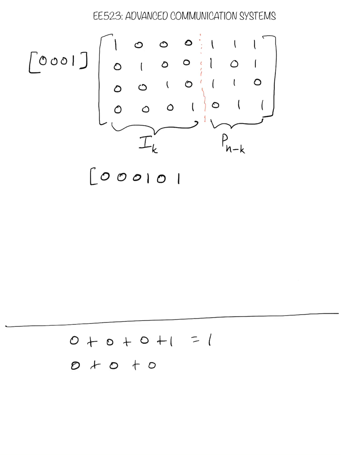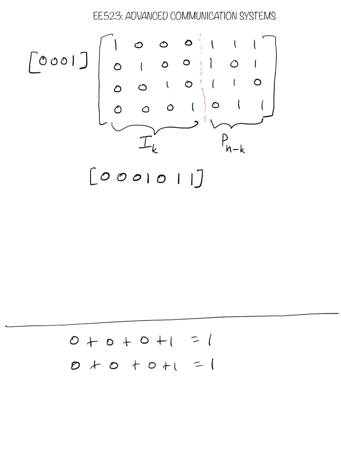And the last one is 1 into 1 is 1, so that's plus 1, so we get 1. So we have the 4 information bits as it is, 0, 0, 0, 1, and the 3 parity bits are 0, 1, 1.